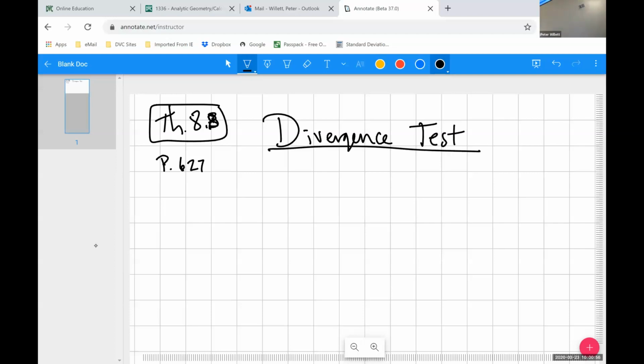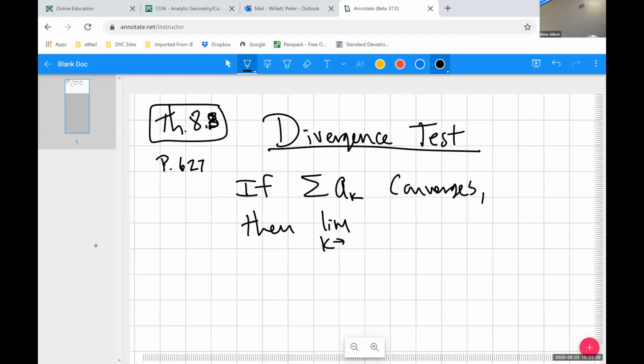So what does the divergence test say? It says if you have an infinite series, and they're just writing this using the summation of a sub k as shorthand notation, if this converges, so any convergent infinite series, then the limit as k goes to infinity of the terms is 0.